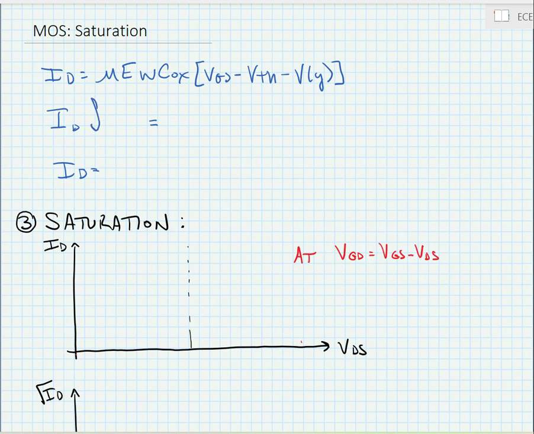Now we can integrate across the length of the channel. We can integrate the voltage across all positions in the channel.